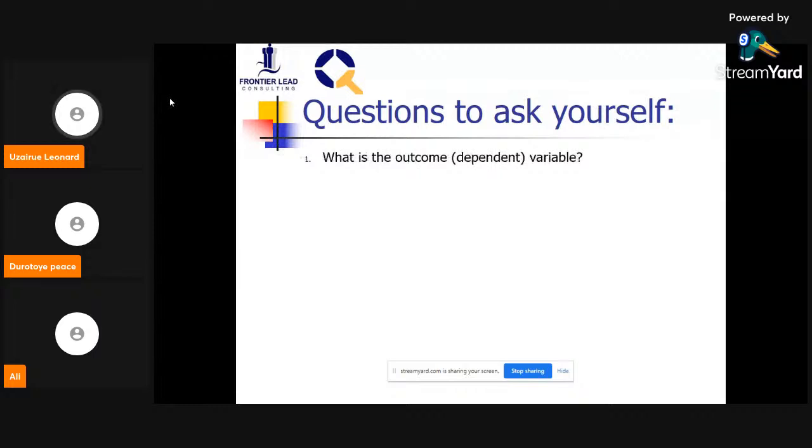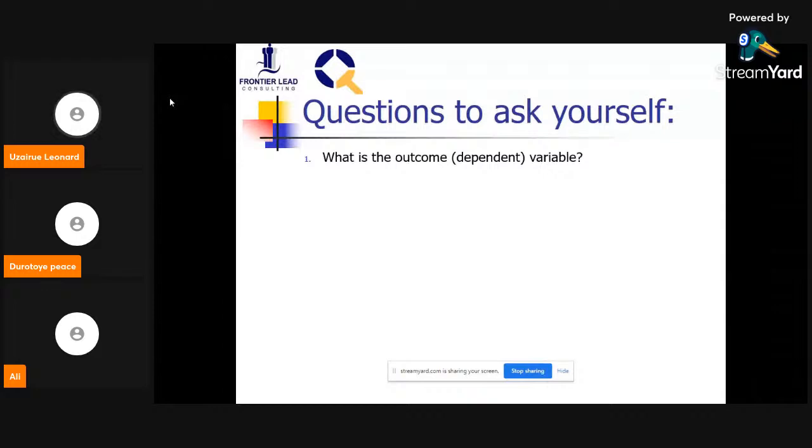So the first question is, what is your dependent or outcome variable? Yesterday during the class, I took time to actually explain what dependent and independent variables are, because you will always be confronted with that challenge to determine what your dependent and independent variable is.